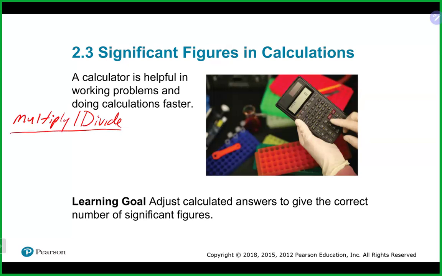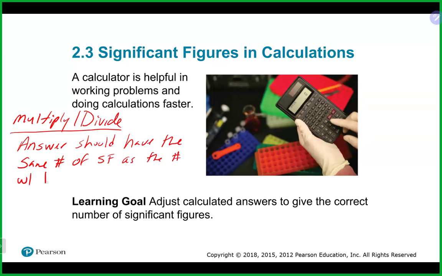Now, if you multiply or divide, your answer should have the same number of significant figures as the number with the least number of significant figures in your calculation.